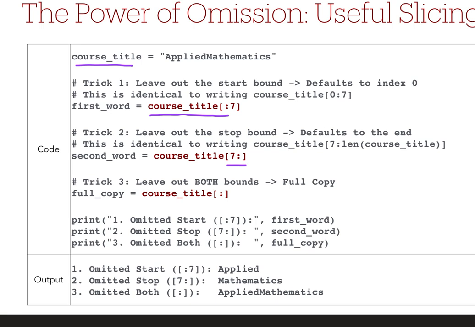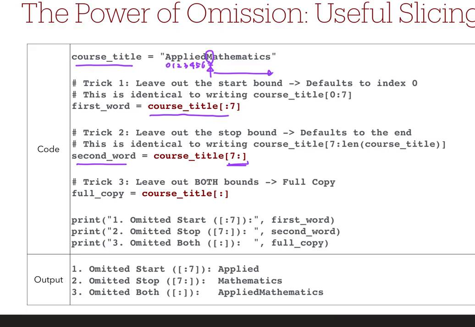Now, I said the letter corresponding to the index value 7. In other words, I'm considering the 8th letter. A-P-P-L-I-E-D, so 0, 1, 2, 3, 4, 5, 6, 7. So index 7 corresponds to this uppercase M. So this expression, course title 7 colon, will represent the letters from this uppercase M to the end.